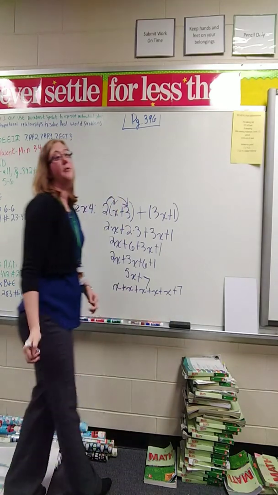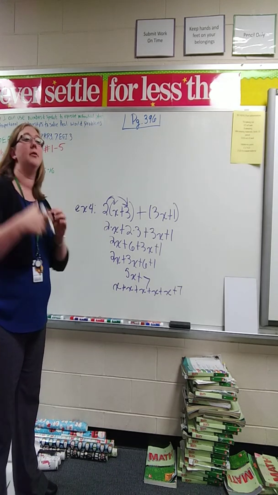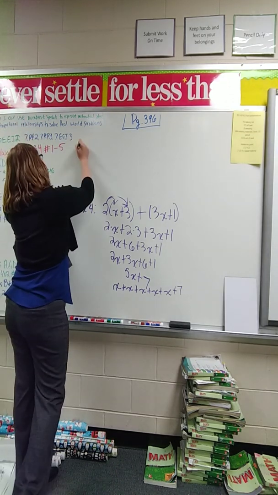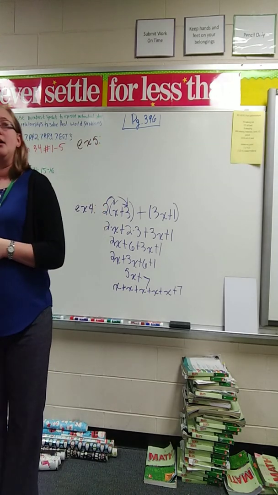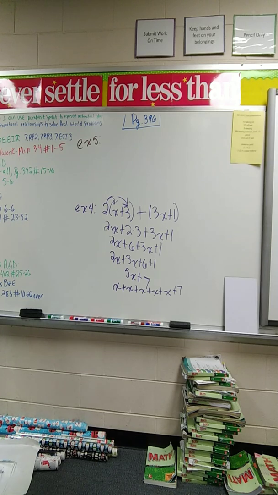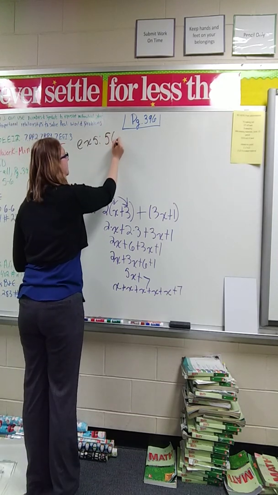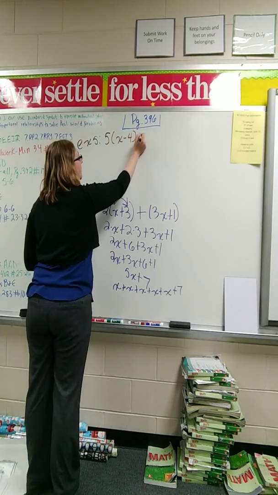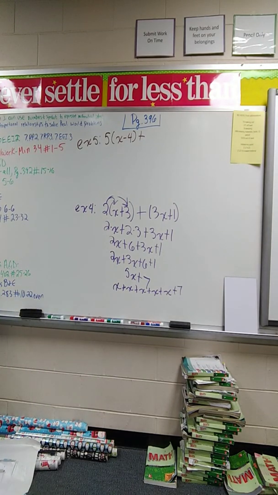The last example that I would like for us to look at today is example 5. Example 5 says, find 5 times the quantity x minus 4 plus 2x minus 7.